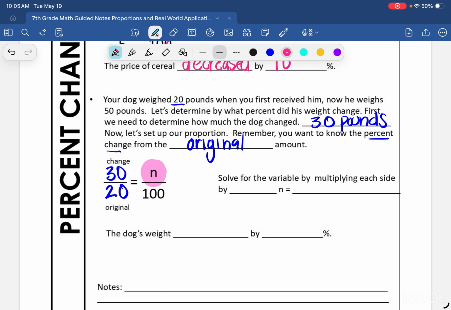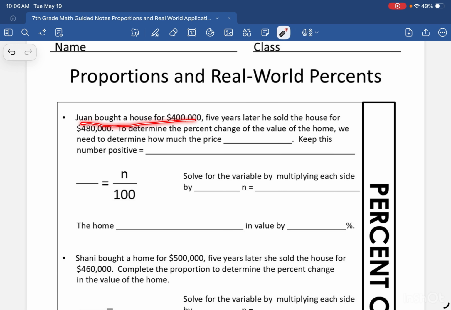So I'm going to multiply each side by 100. So 100 times 30 divided by 20 is going to give me 150. The dog's weight increased 150%.